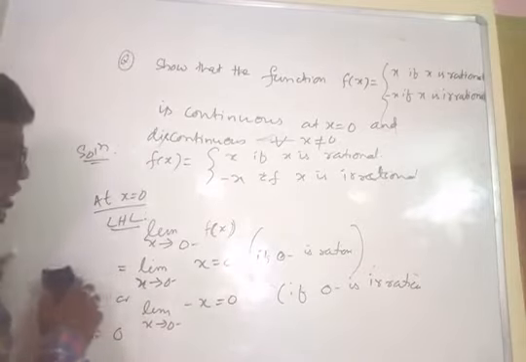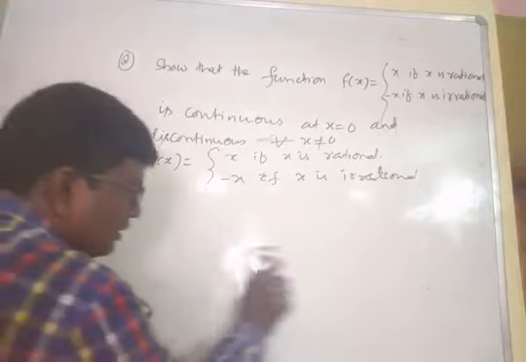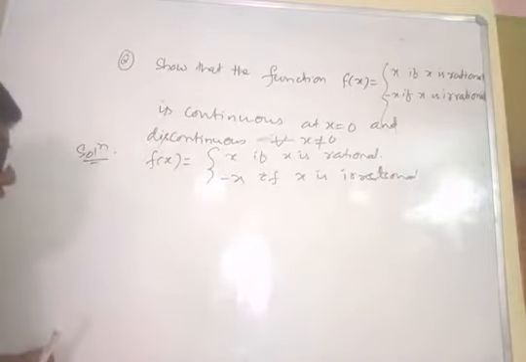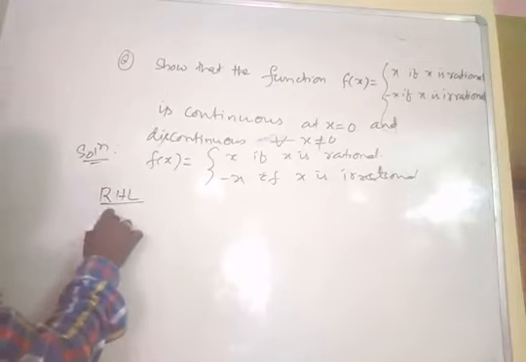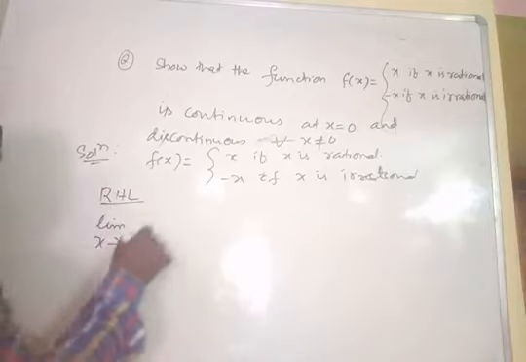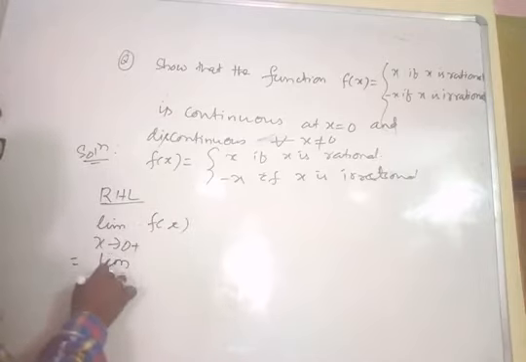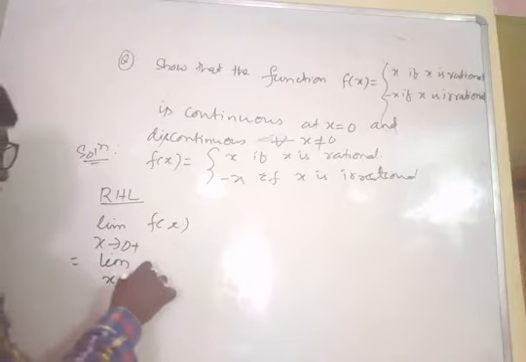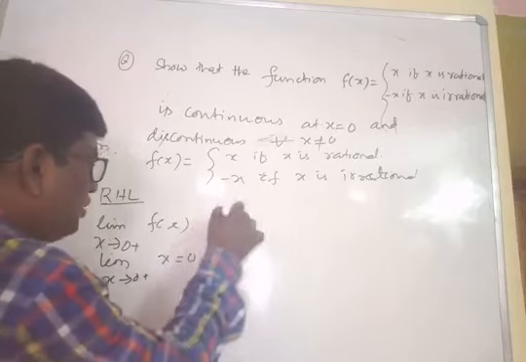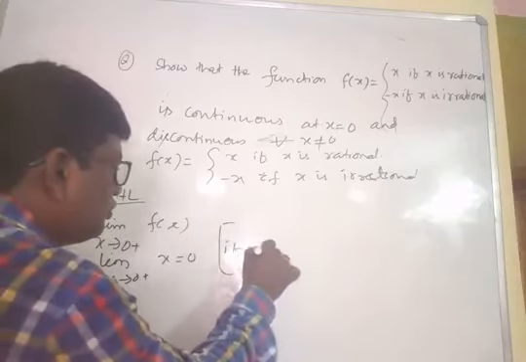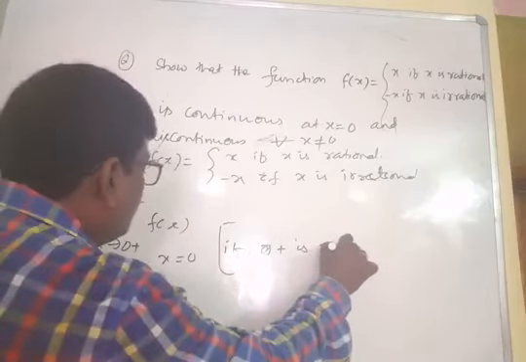Similarly, RHL at x equal to 0. Same procedure: RHL is limit x tends to 0 plus of f of x, which is equal to limit x tends to 0 plus of x, equal to 0 if 0 plus is rational.